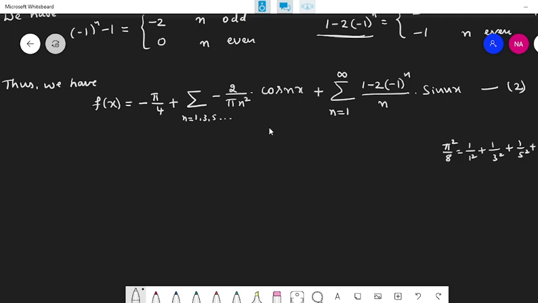So you have to get only odd terms, 1 by 1 square plus 1 by 3 square plus 1 by 5 square. So you have to get only odd values of n. Even values of n you should not get. In that sense, I had to choose the value of x. Can anybody guess?